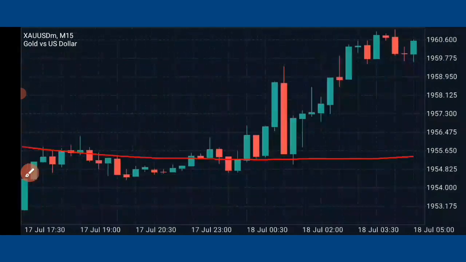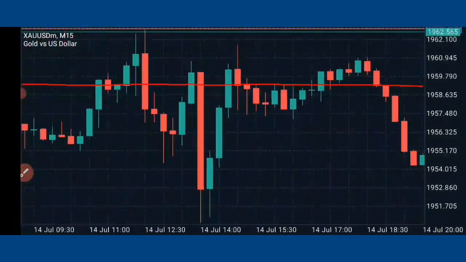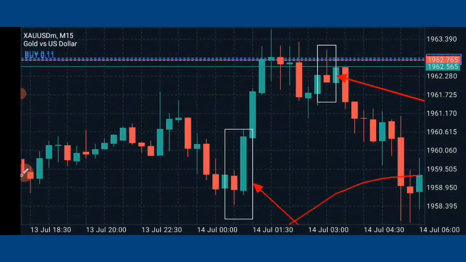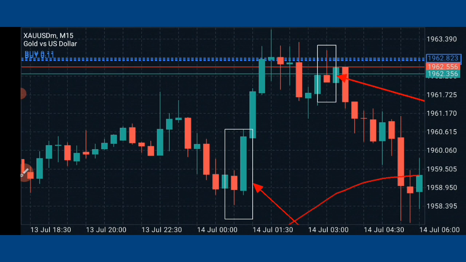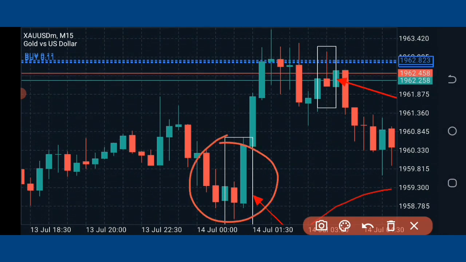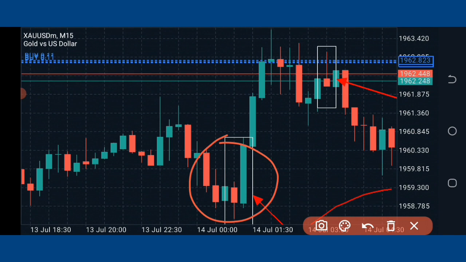Let me show that to you now so that you know what I'm talking about. Okay, this is one here. When you look at this particular candle here, this is bullish engulfing. And when it appears, unlike hammer and shooting star, which are only single candle reversals, bullish engulfing and bearish engulfing candles are double reversal candles.